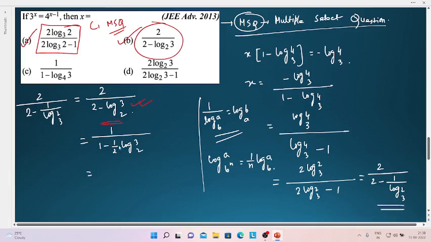So I can write 1 by 2 in terms of 2 to the power 2, so it will be 1 by 1 minus log 3 base 2 squared, which is 1 by 1 minus log 3 base 4. So here you can see option C is also the correct option.